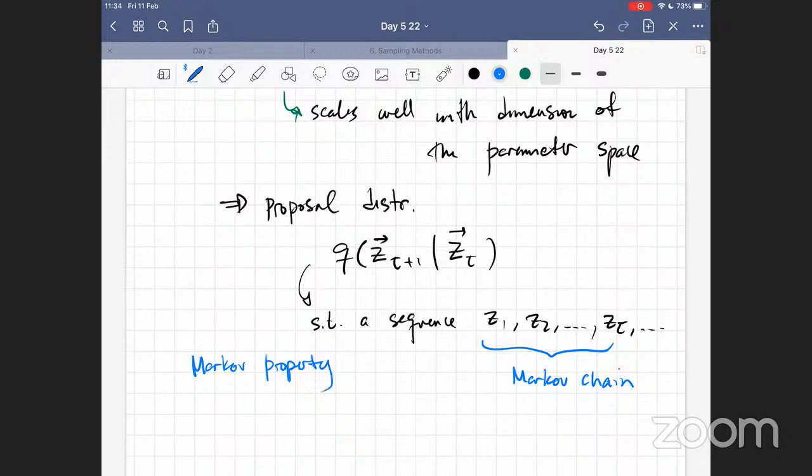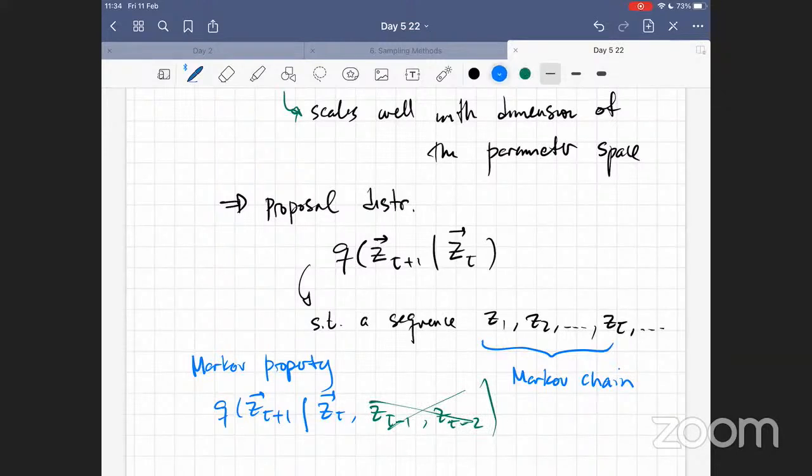that Q of z tau plus 1 only depends on the previous sample and not on tau minus 1, tau minus 2, etc. There is no dependence on that.